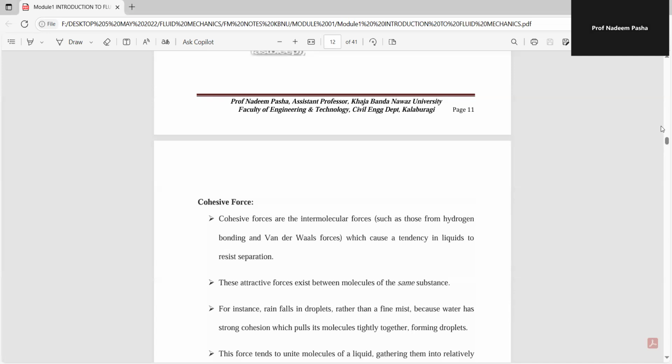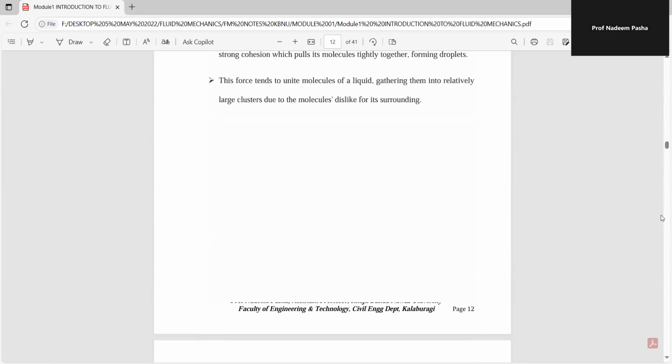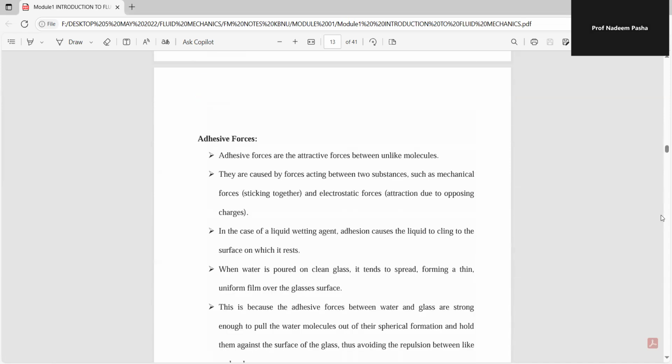So during rainy season, if you have observed, when the water droplets fall on a leaf, it will stick to it due to the cohesive force between the molecules. Similarly, example for adhesive forces, that is force acting between molecules of unlike kinds: when water is poured on a clean glass, it tends to spread, forming a thin uniform film over the glass surface. This is due to the unlike force acting between them.